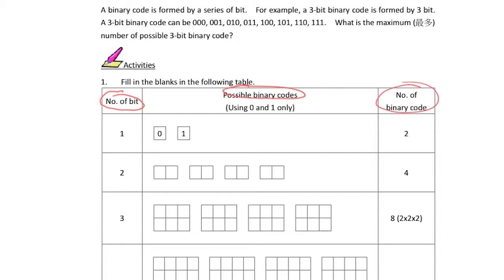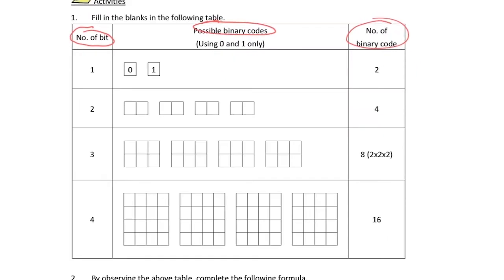Okay, so in this table, you can see if we have one bit, that means you have only one space to put the number inside.